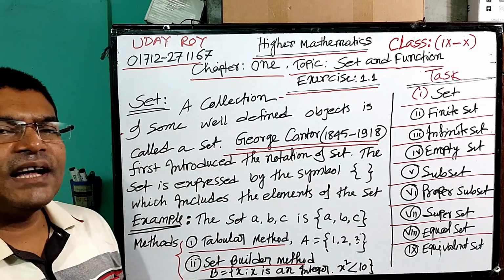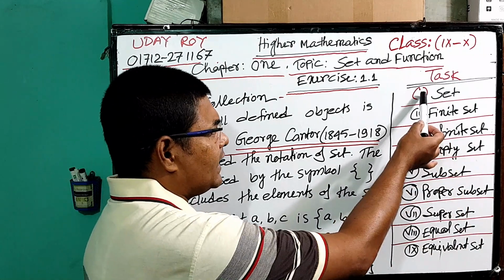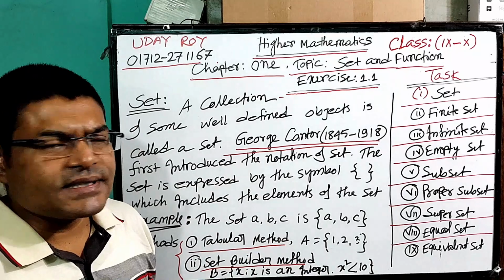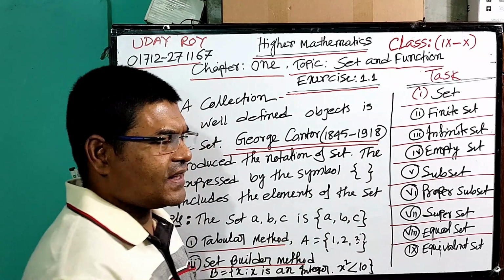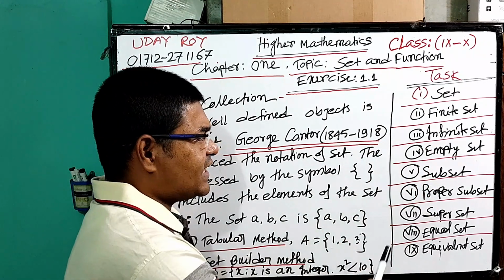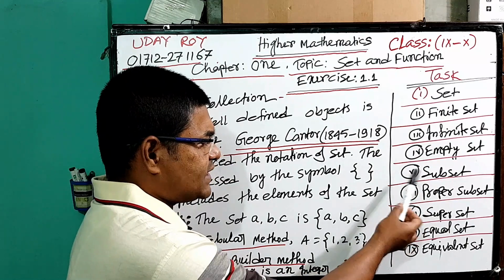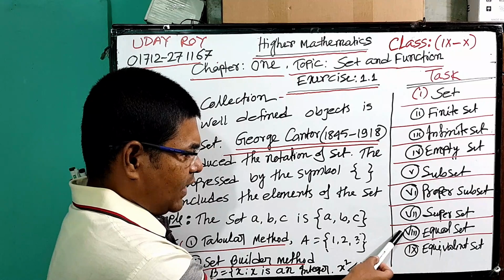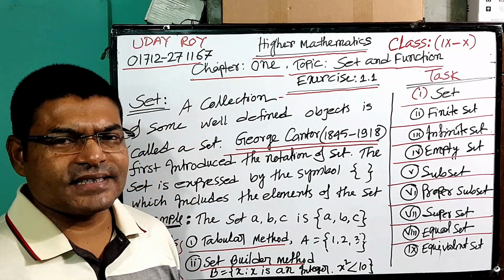So we will learn today set. Already we have learned about set. Then finite set, infinite set, empty set, subset, proper subset, superset, equal set, and equivalent set.